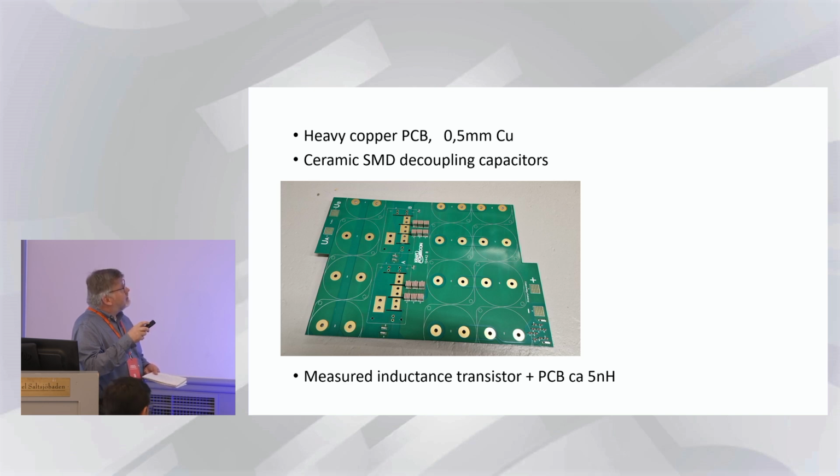And we mounted ceramic decoupling capacitors as close to the transistors as possible. So this is for one transistor module, this is for the other. Here we have DC link capacitor, and here we have DC blocking capacitors. And we actually measured an inductance in the transistor plus the PCB at slightly below 5 nanohenry, which we think is quite good.